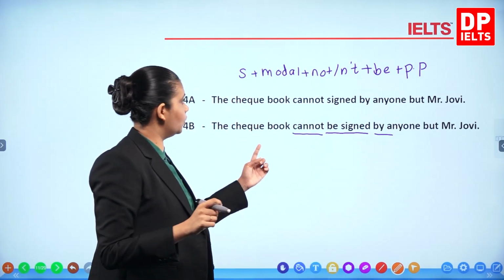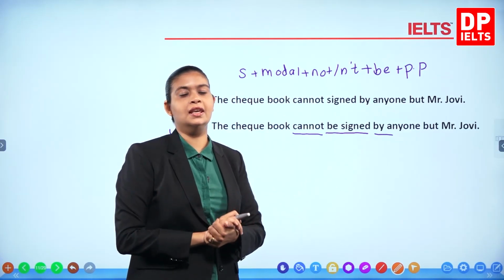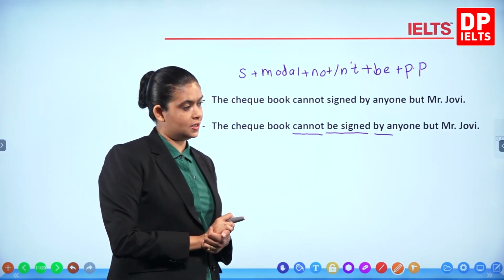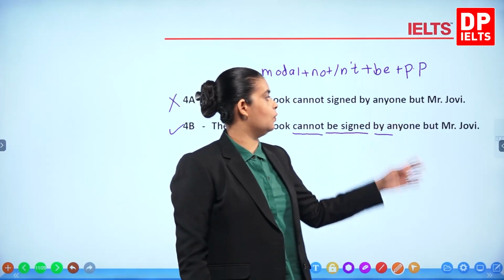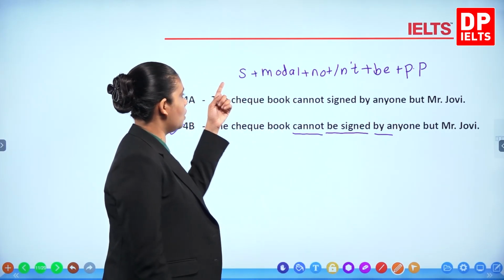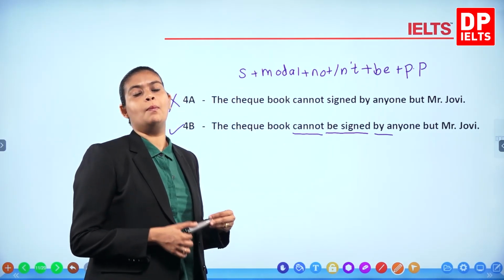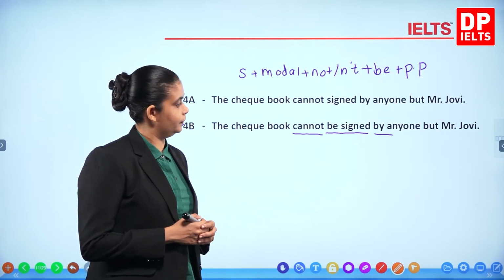So, the checkbook cannot be signed. You can see that it is in the past participle, by anyone but Mr. Jovi. So that works along with the passive verbs being used along with modals in a negative form, right?